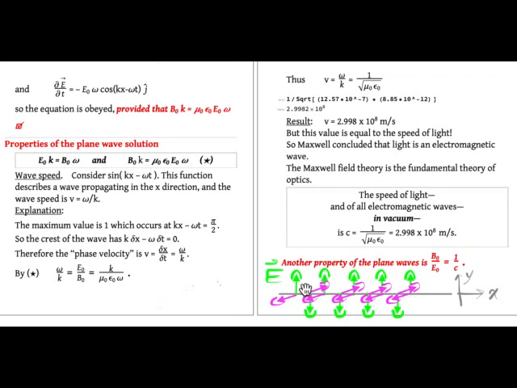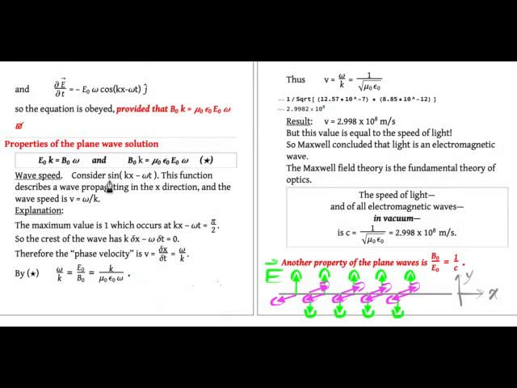So the wave fronts are planes parallel to the yz plane. The wave fronts are, let's say, the points where E and B are maximum. That'll be a plane perpendicular to the x direction. And those wave fronts travel along as the whole wave moves to the right. And so we call that a plane wave.